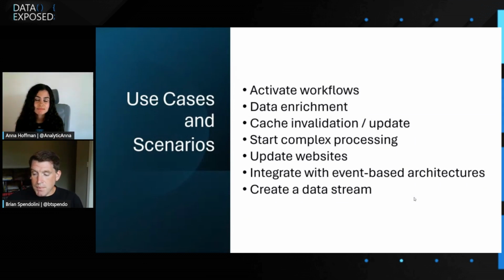We can update websites. It's compatible with SignalR, so we can broadcast this message and it can update multiple websites, which actually goes to our Power BI. We're able to use Power BI so you can have dials and switches and reports move in real time based upon what's happening with your database. And lastly, I touched on it before, but integrating with event-based architectures.